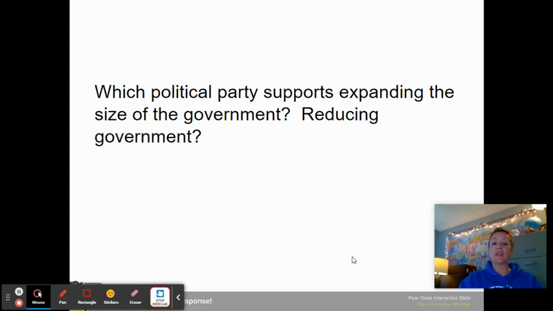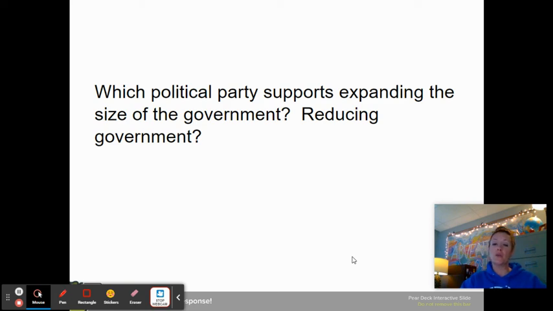Well, if you said that the Democratic Party is the party that supports expanding the size of government, you would be correct. The Democratic Party believes that the government holds the key to bringing equity and equality to all citizens, and that everyone is better off when the government intervenes.